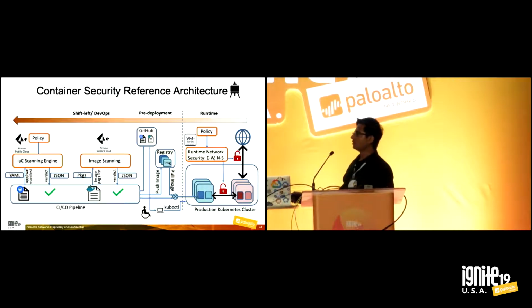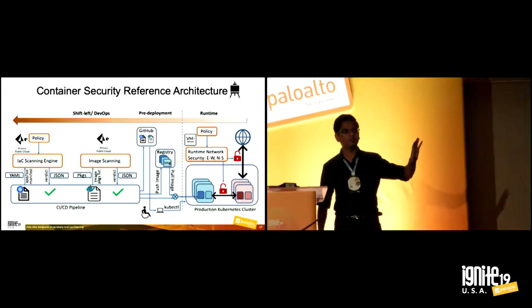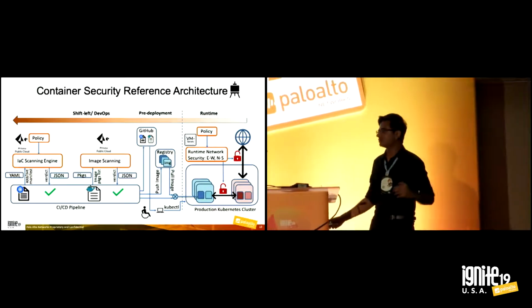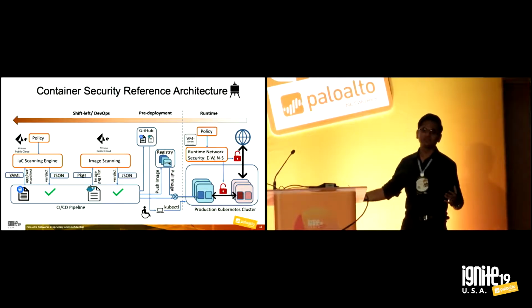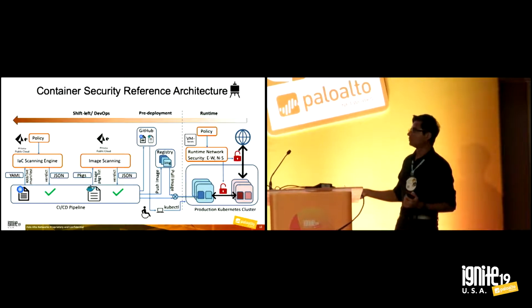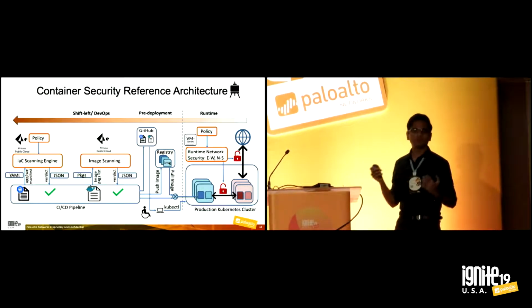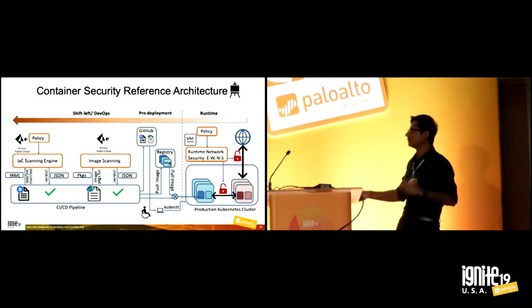So what we're doing here is you have a Kubernetes manifest. Kubernetes manifest is how you're deploying your application configuration. You send that here, to the IaC scanning engine. You get the verdict back. If that looks good, it moves on to the next one. You have your container image. You send the list of all the packages to this, and you have some policy.